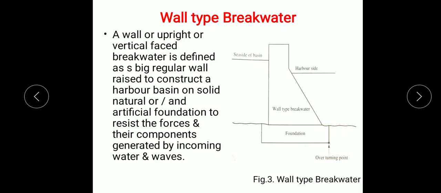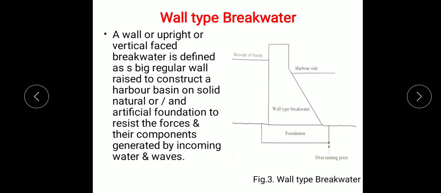So a wall or upright or vertical faced breakwater is defined as a big regular wall which is raised to construct a harbor basin on solid, natural or artificial foundation to resist the forces and their components which are generated by incoming water and waves.